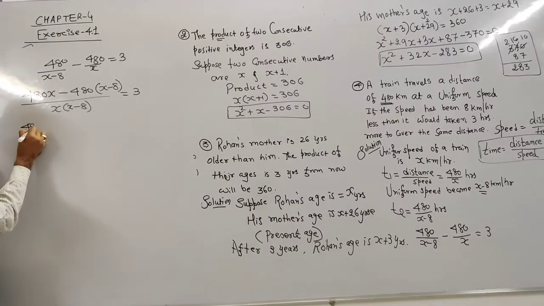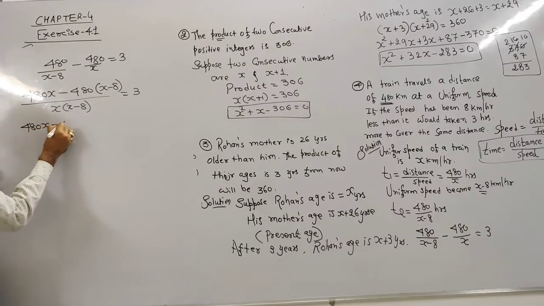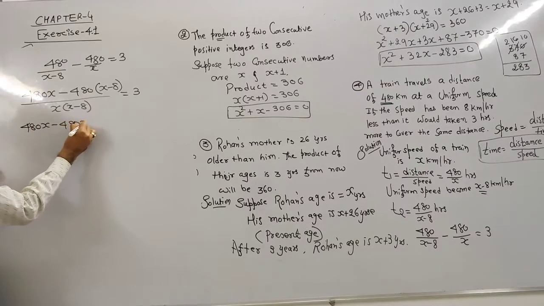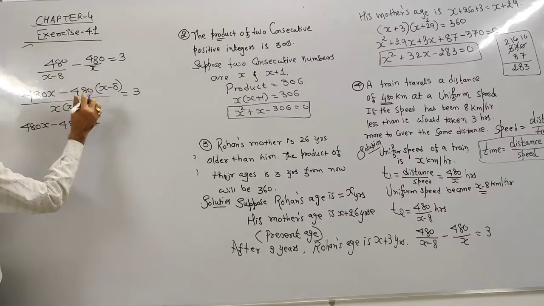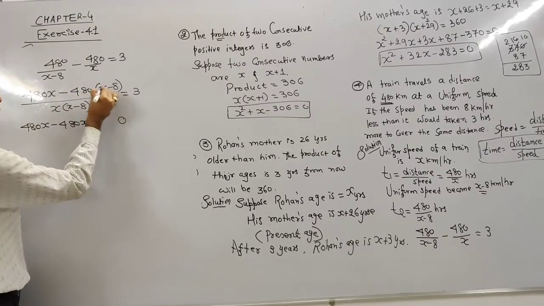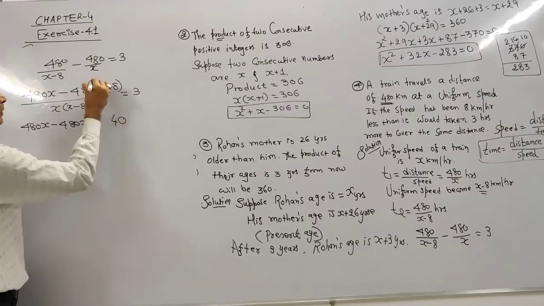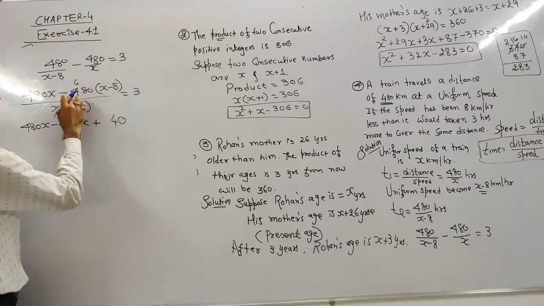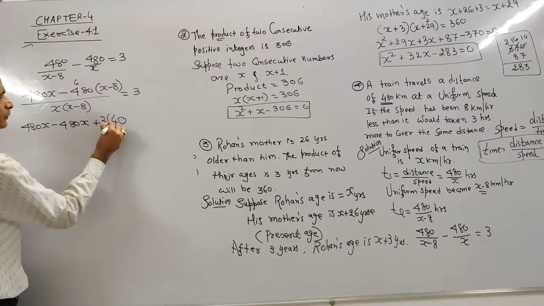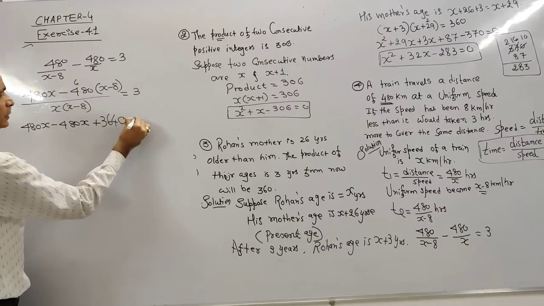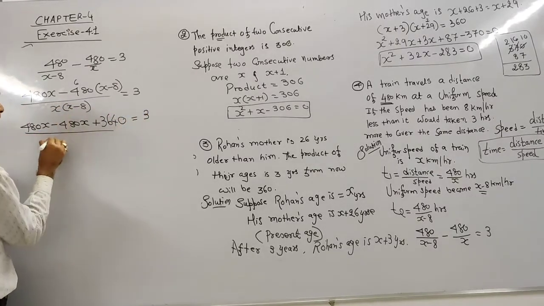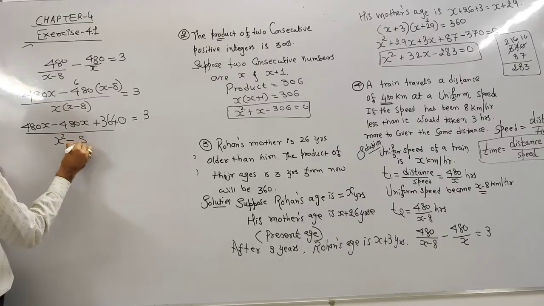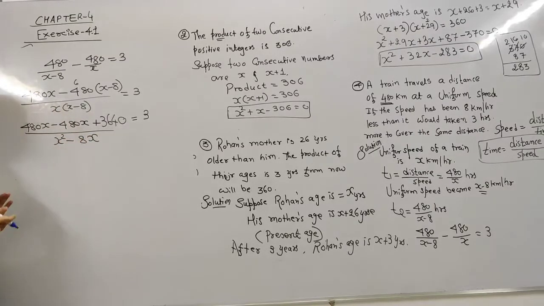So 480x minus 480x plus 8 times 480 gives 3840, is equal to 3, and the denominator is x square minus 8x.